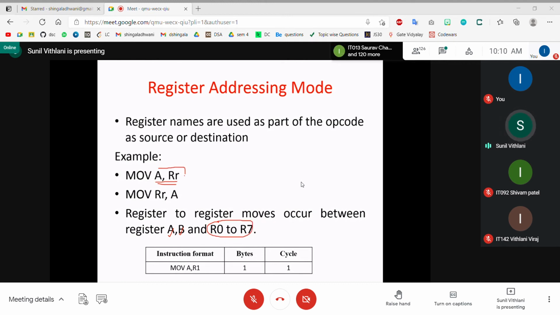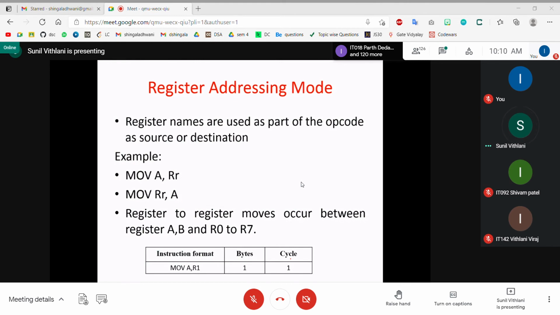And this whole instruction will be converted into only 1 byte. So this is your 1 byte instruction. It will require only 1 byte to store your opcode, and that's why it requires only one machine cycle. So that is the register addressing mode.